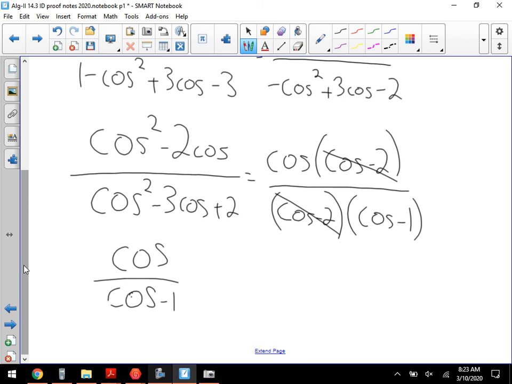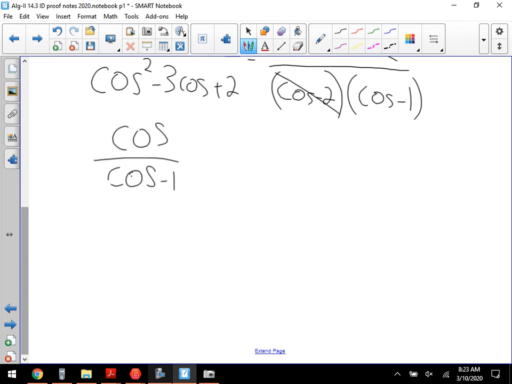Let's see. Trying to think, if I multiply by the conjugate, that would get me cosine squared minus 1. If they're trying to go to a secant, is it 1? I wonder if they do this.